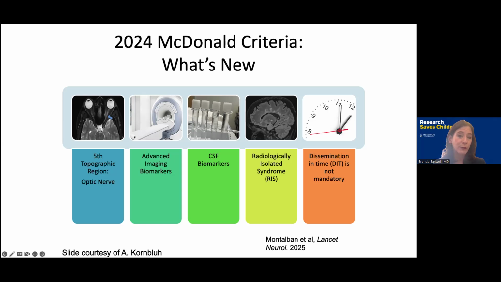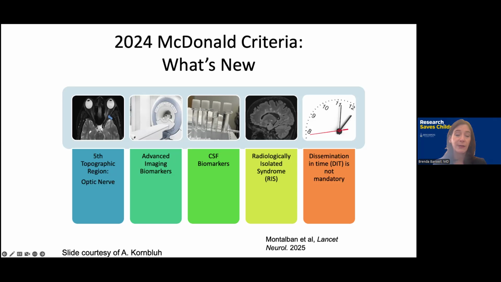But you could also confirm positive spinal fluid by something called kappa-free light chain analysis, which is relatively less frequently done here in the United States, more often done in Europe, although that may change over time. I'm going to show you a slide on radiographically isolated syndrome next, so I'll leave that for there.